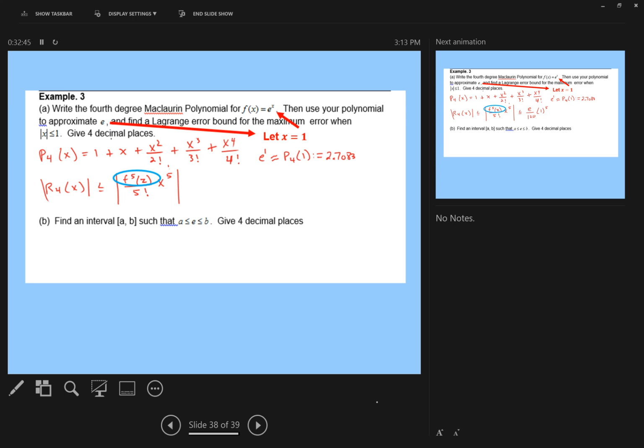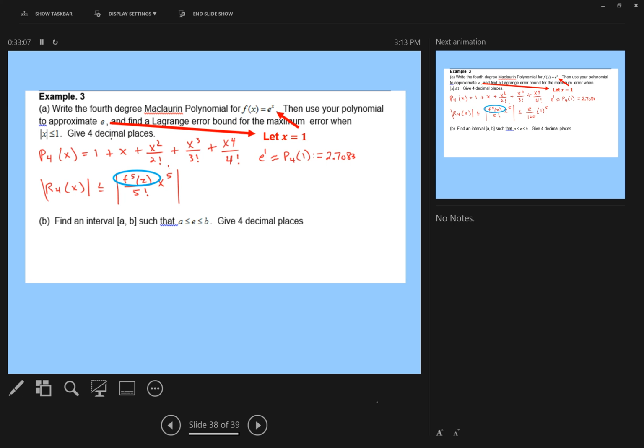I need to figure out what's the maximum value, because think about the e to the x curve. It could go up forever, right? So I need to think about what's the maximum fifth derivative, but notice they said that the absolute value of x is less than or equal to 1. That means x is what? Between, so I'm only looking from when x is between -1 and 1.